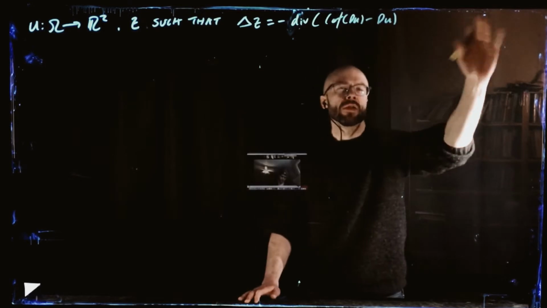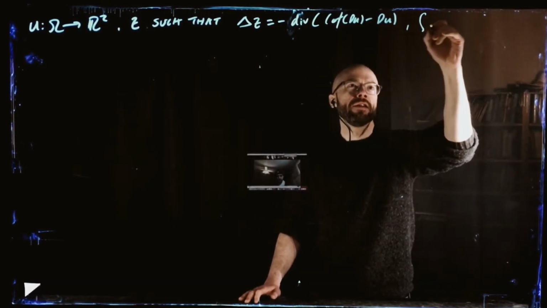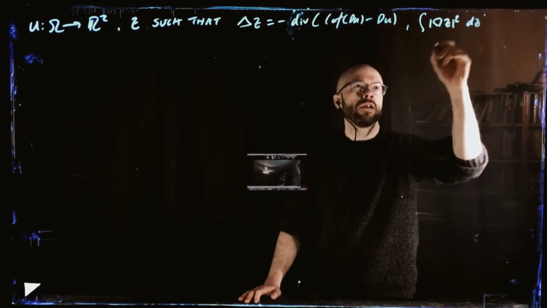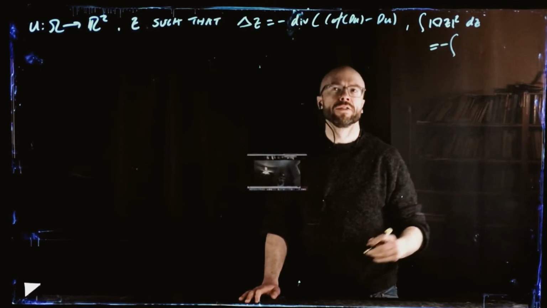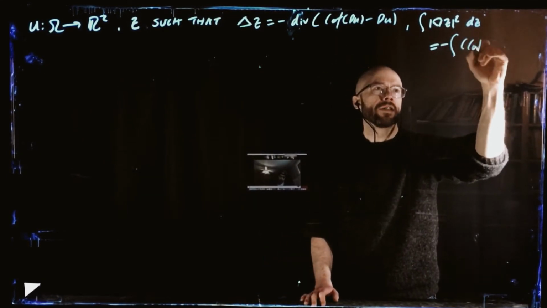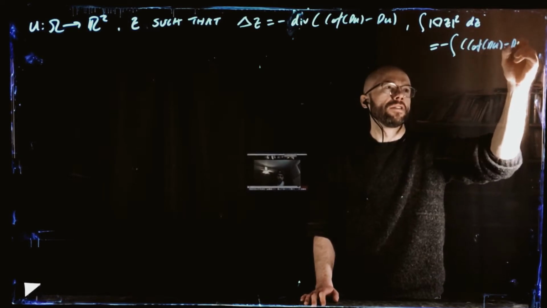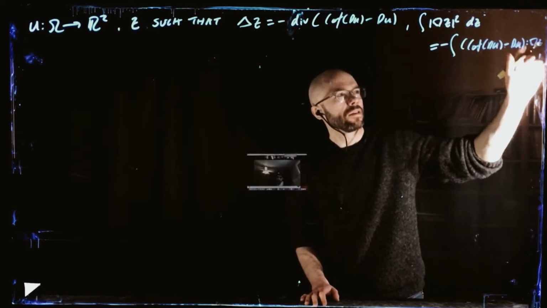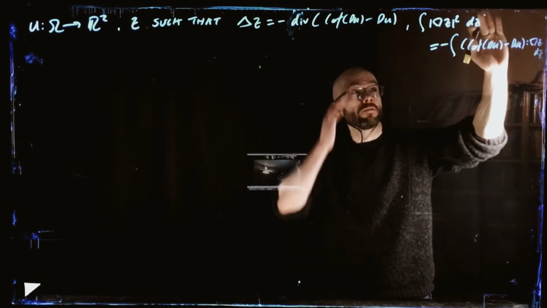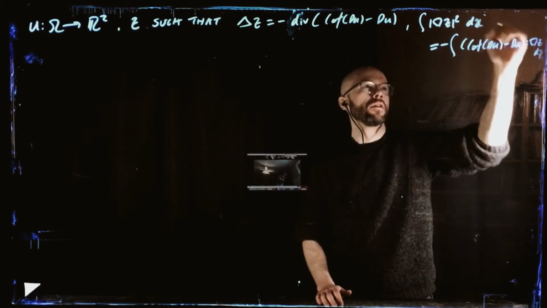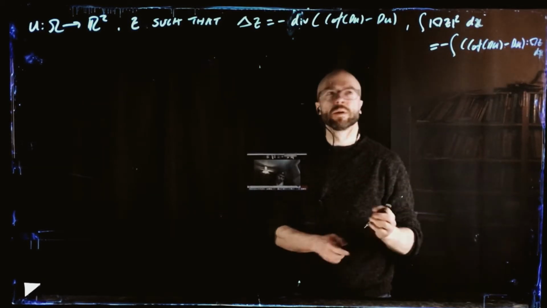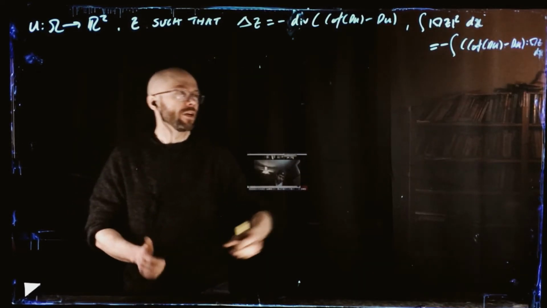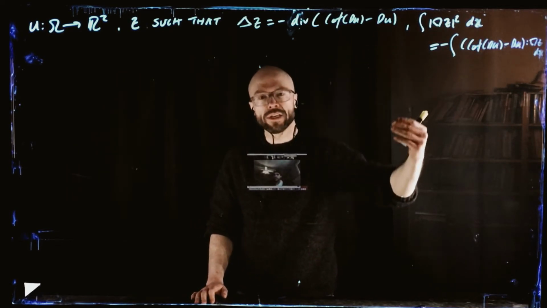And from that, we have this identity that the integral of the gradient of z squared dx was minus the integral of the cofactor of the gradient of u minus the gradient of u, dot product the gradient of z, like this. I should write dx, not dz. That's where we were. And my claim was that this was going to allow us to show that the gradient of z is actually small.